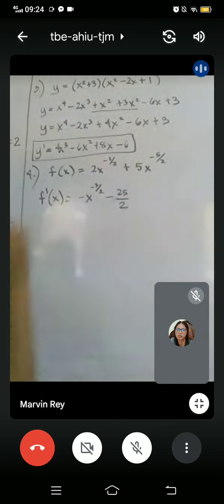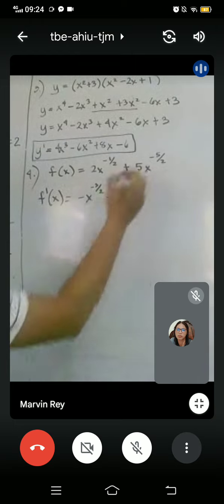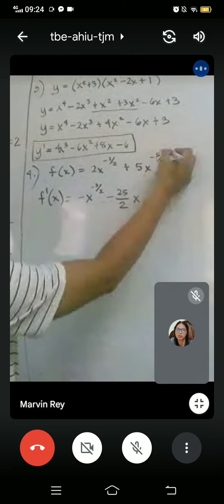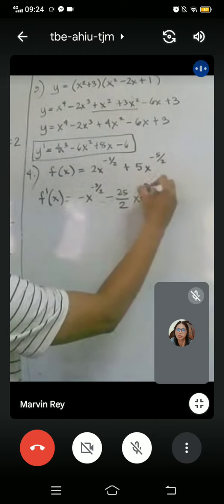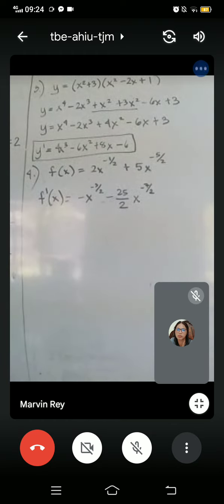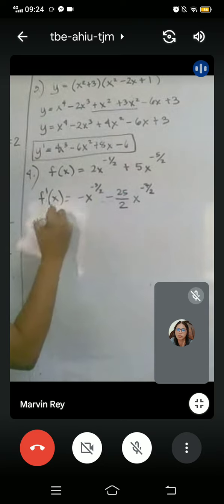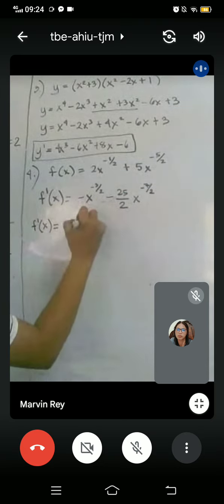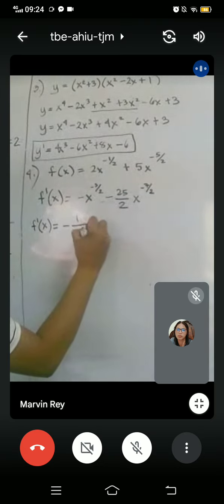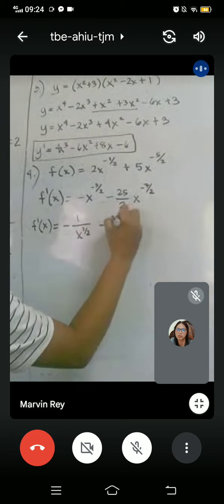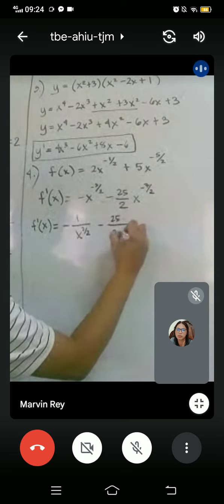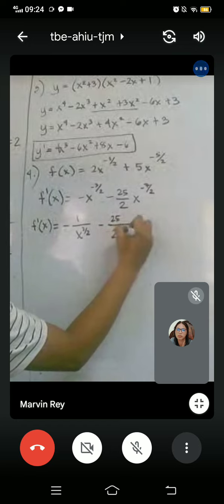So uban po ninyo is nasa iyo po diri sa sign. So negative 25 over 2x minus 1 is negative 7 over 2. So this can be acceptable na as final answer. Pero masimplify pa siya, you have to eliminate the negative exponent. So f prime of x is just equal to negative 1 over x to the power of 3 over 2 minus 25 over 2x raised to the power of 7 over 2.